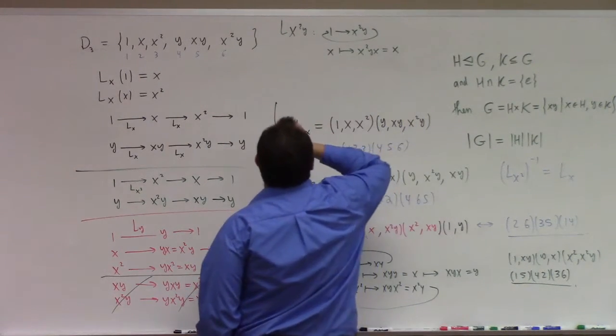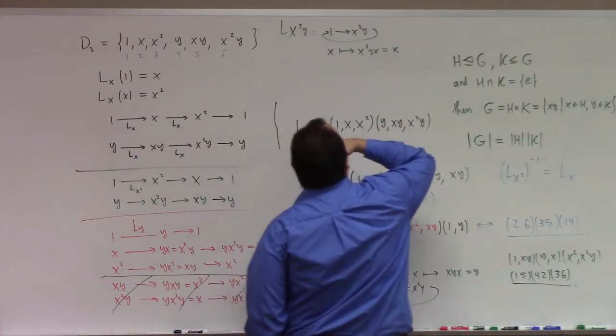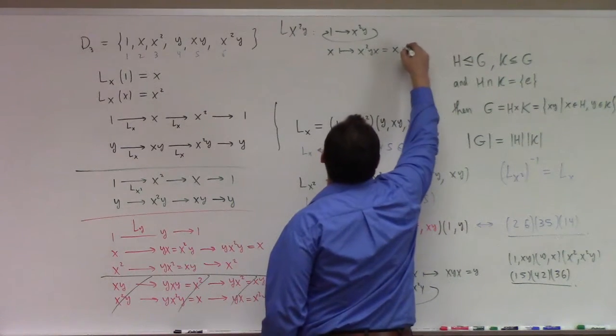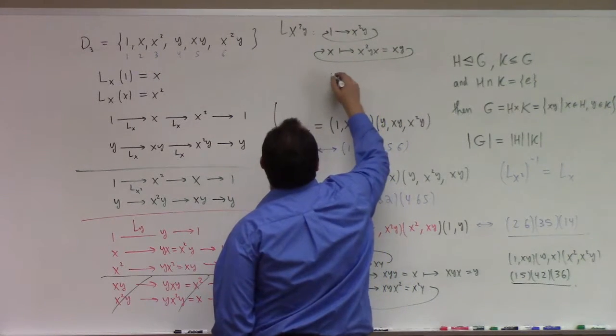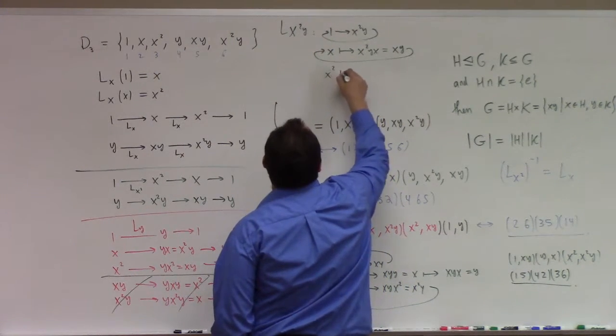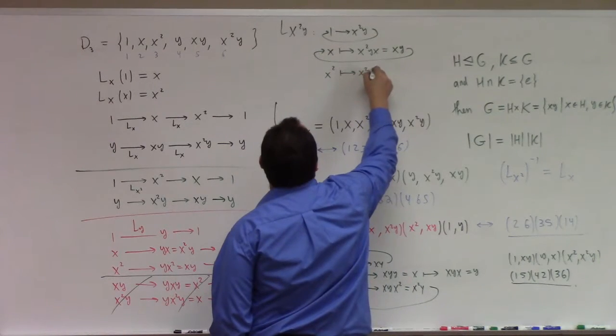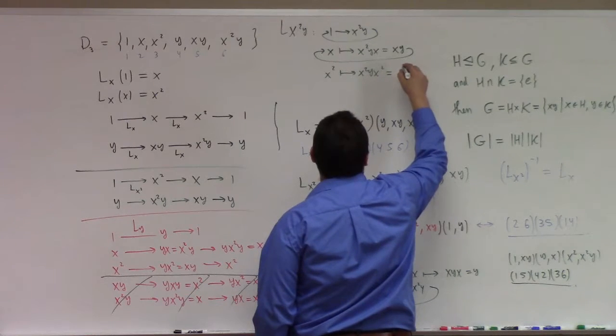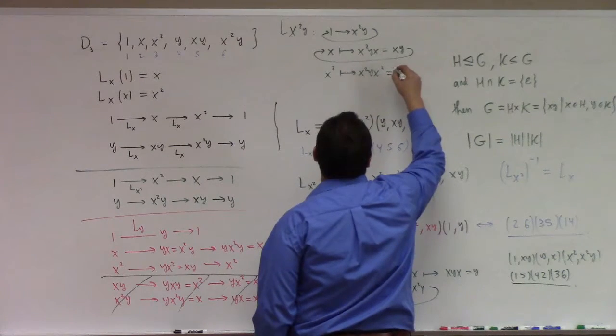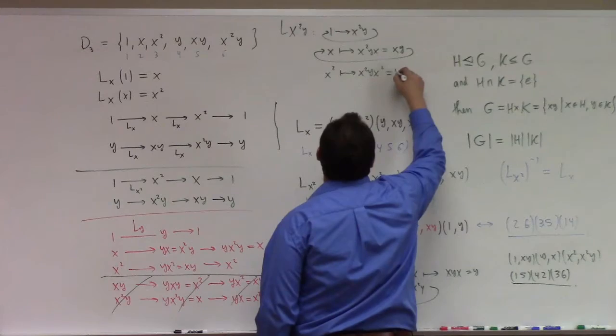Really? Oh, that's xy, right? And then it goes back again. And then x squared goes to x squared yx squared, which is also known as y, right?